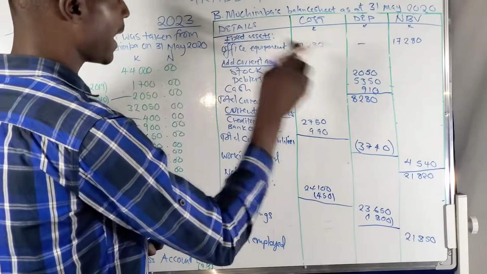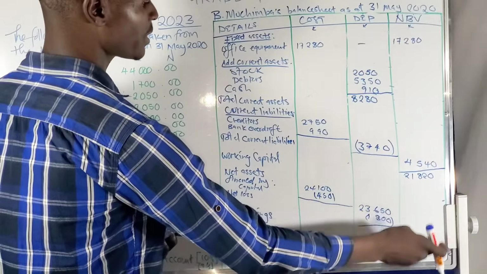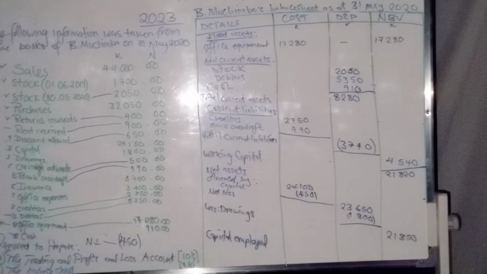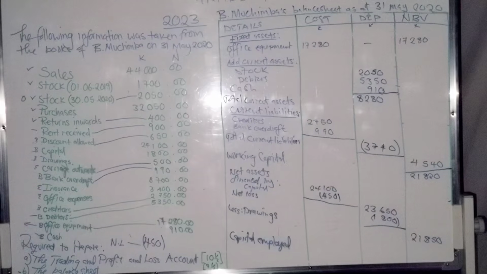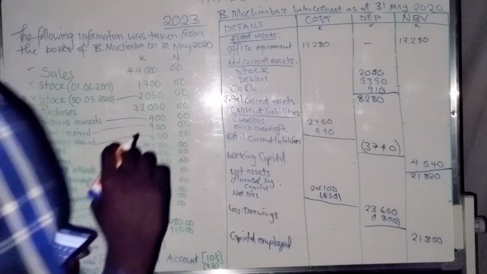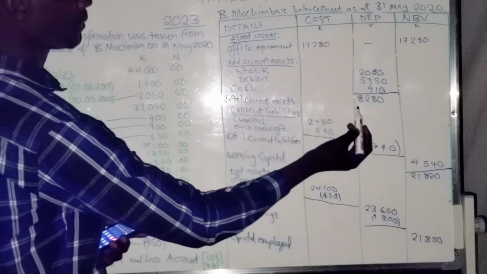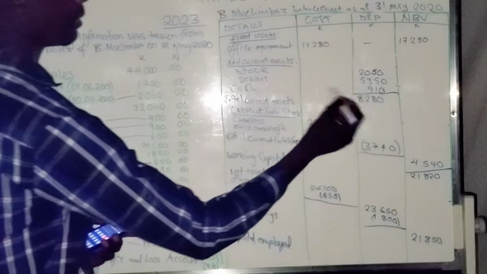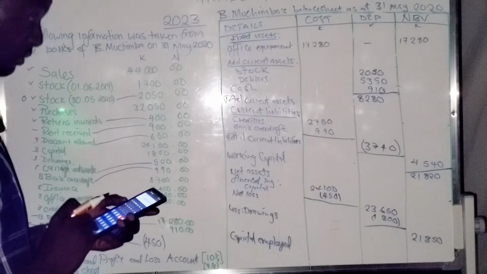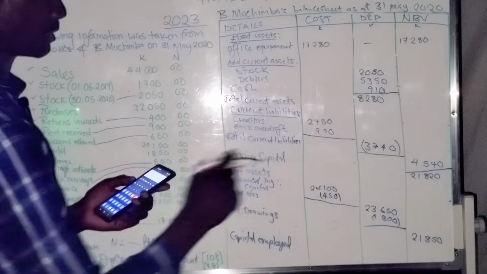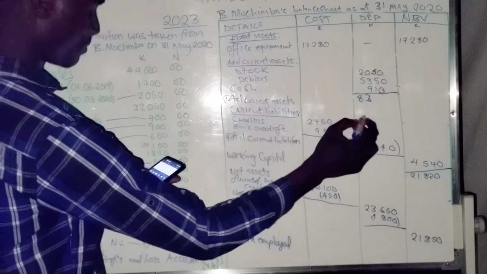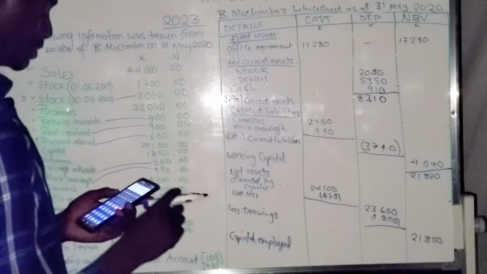I've been able to identify the mistake because the difference is minimal here. You see this 21.8. So when you add there, we're going to have 8,310, and not that one.